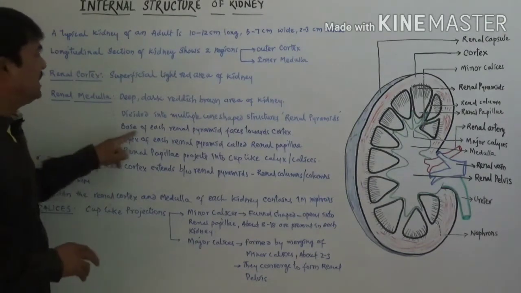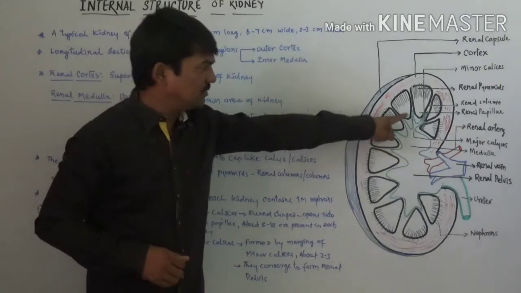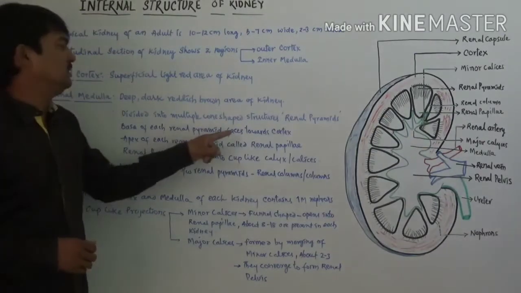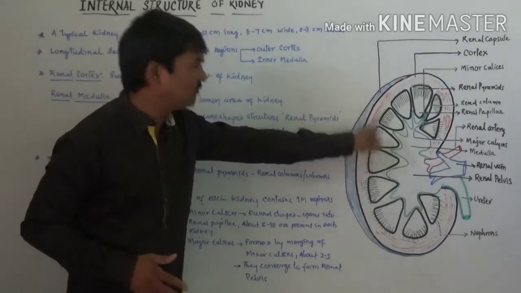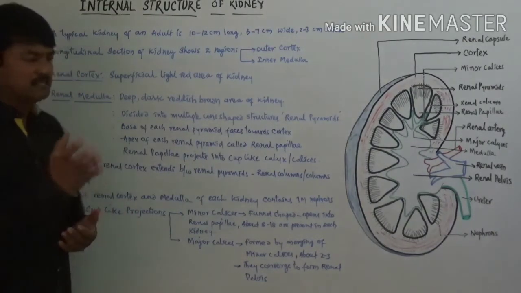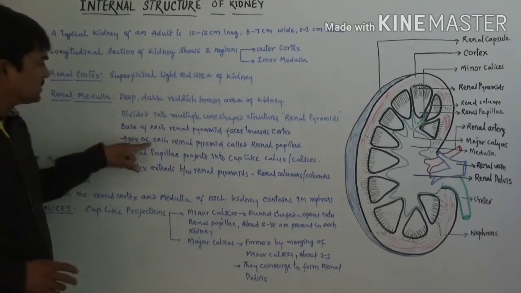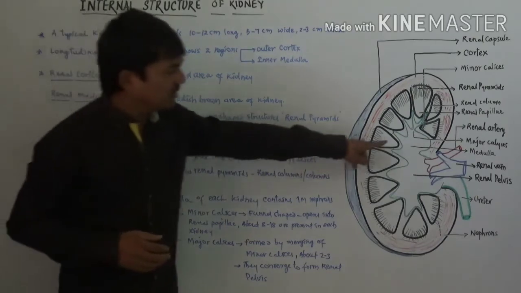The base of each renal pyramid faces towards the cortex region, and the apex of each renal pyramid is called the renal papillae.